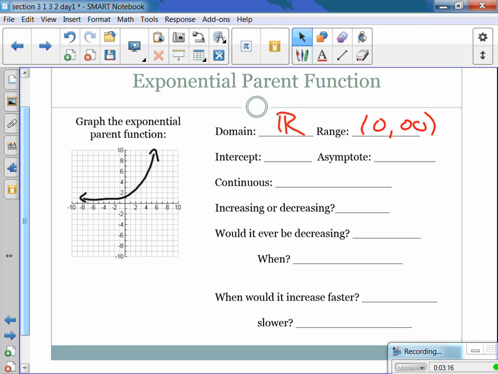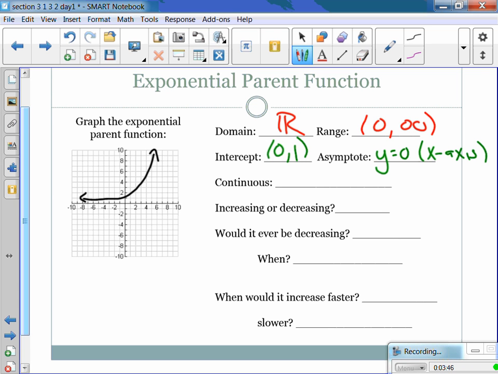What about an intercept? Does it have an x-intercept? What about a y-intercept? Whereabouts? So 0, 1. Asymptotes? y equals 0, our x-axis. Is it continuous?